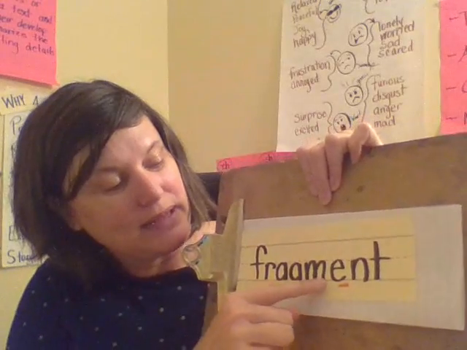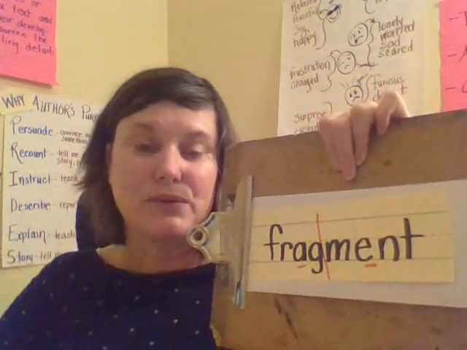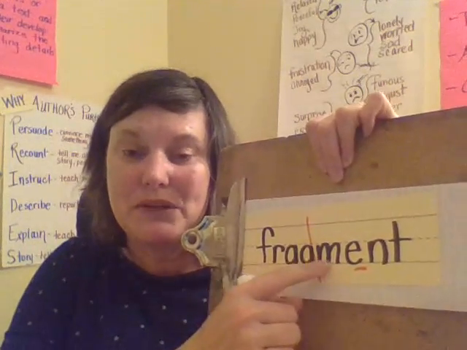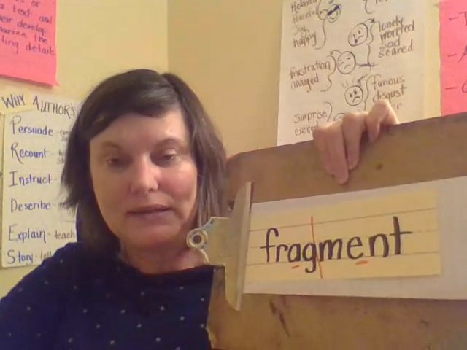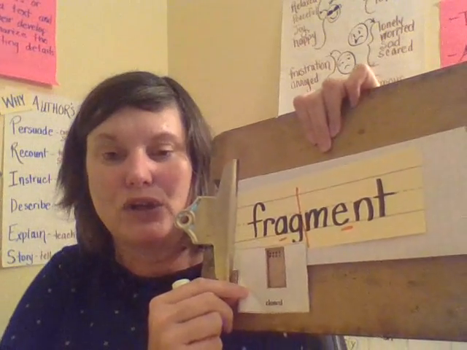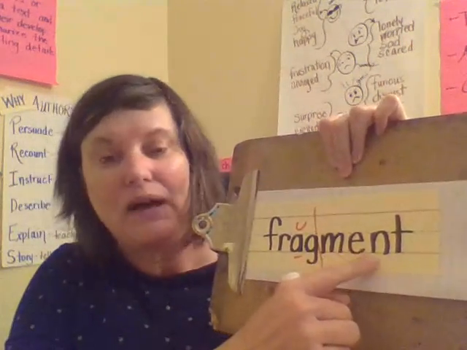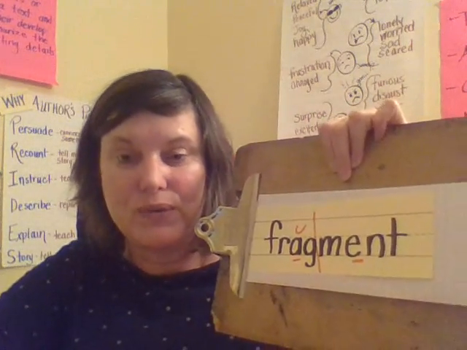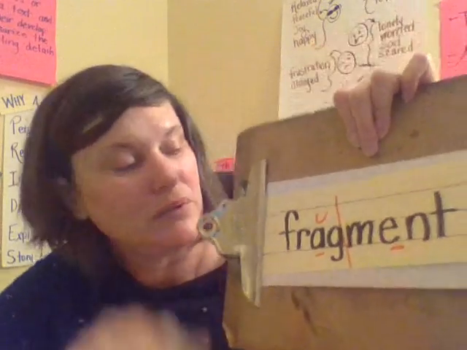Vowel, consonant, consonant. We know we split syllables between the 2 consonants. So we have vowel, consonant. So this is a closed syllable. And we have vowel, consonant, consonant. So this second syllable is also a closed syllable.